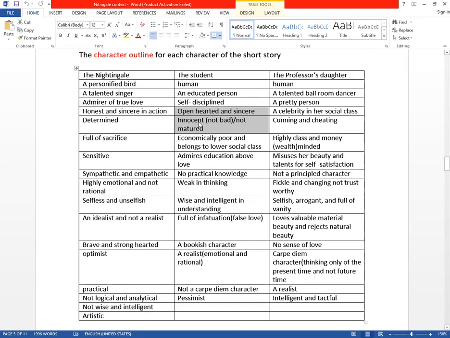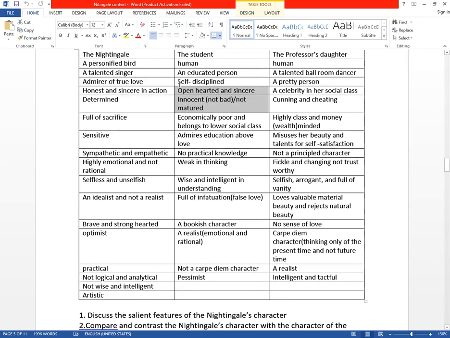Now we have discussed the young student's good qualities, salient qualities: self-discipline, education, open-heartedness, innocence, his social and economic conditions, and his love for education.